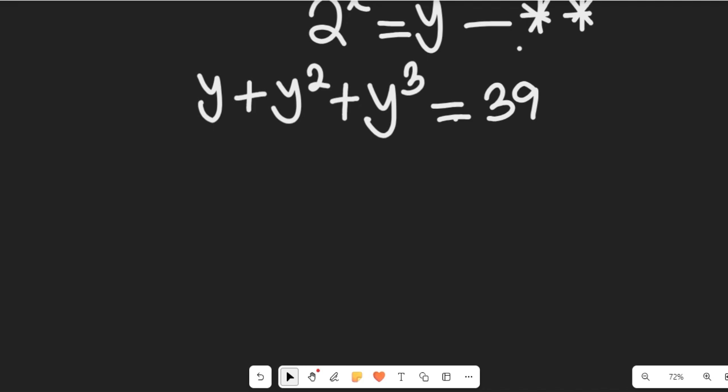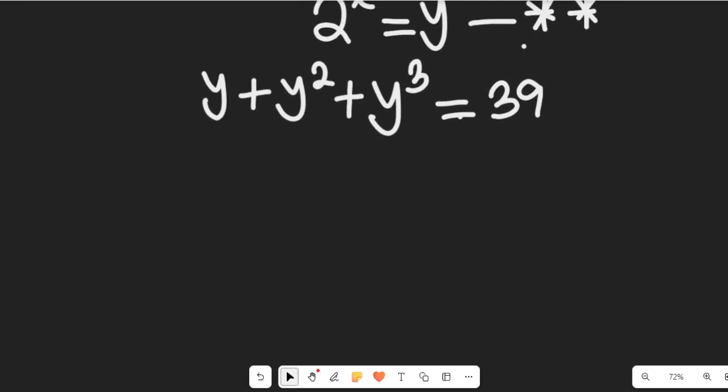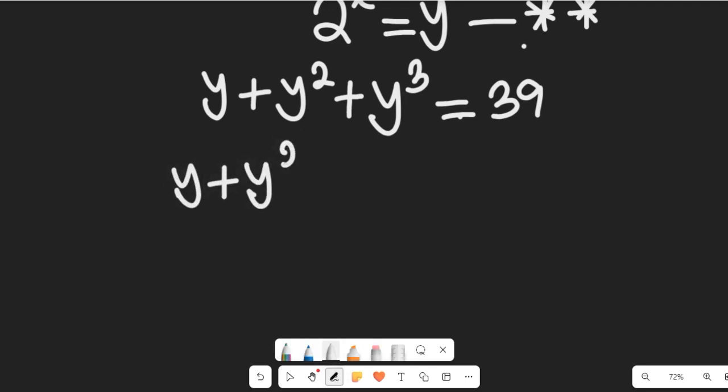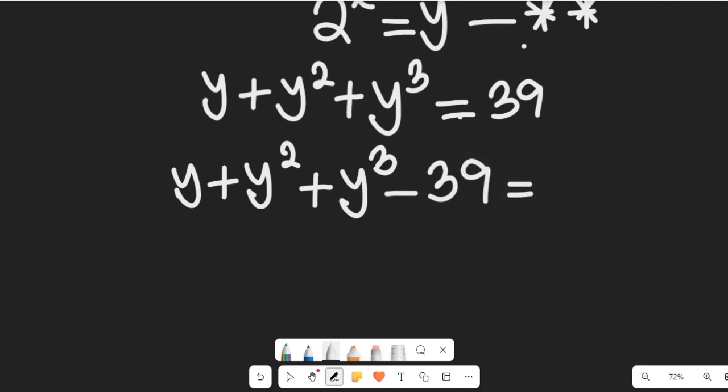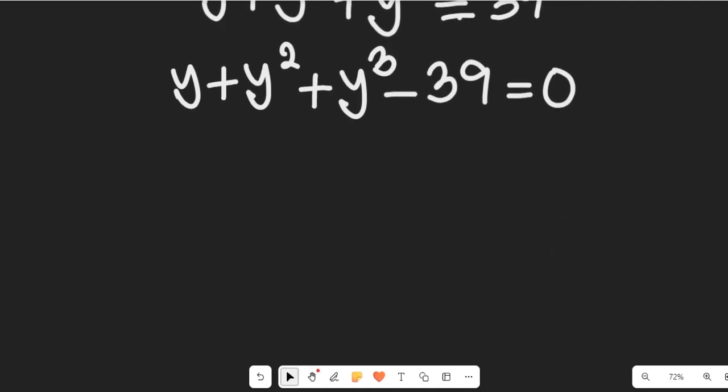From this expression, we can see y plus y squared plus y to the power of 3. Let's bring this over here. Minus 39 will be equal to 0. Now let's do something.